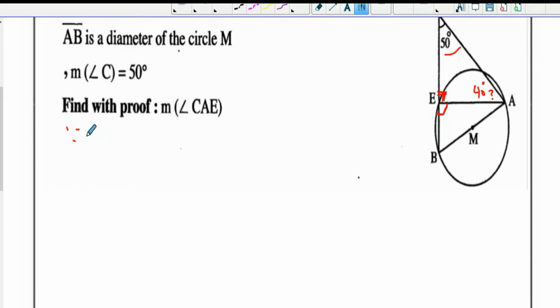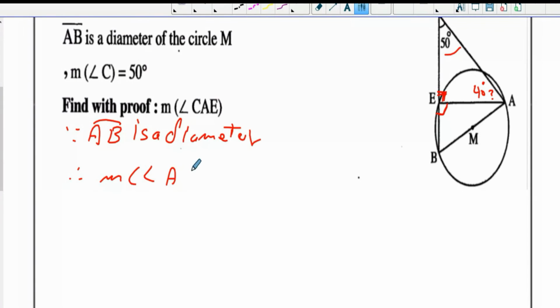Since AB is a diameter, therefore the measure of the angle AEB equals 90 degrees. Why?